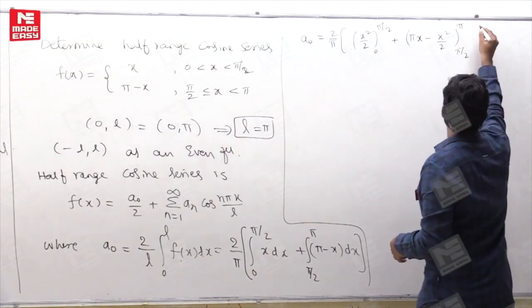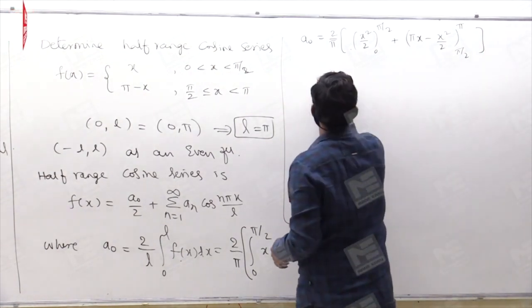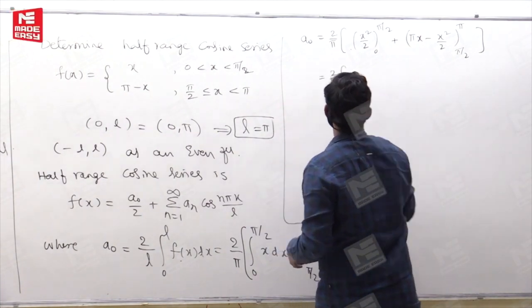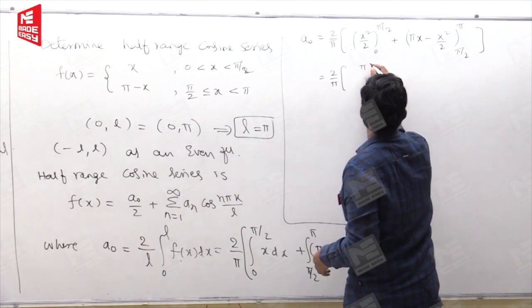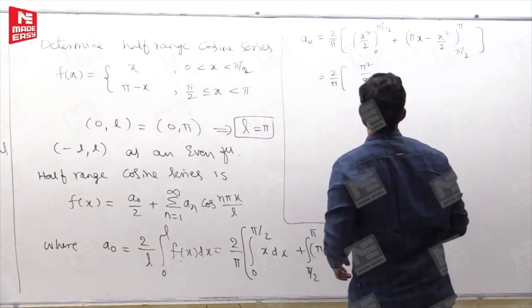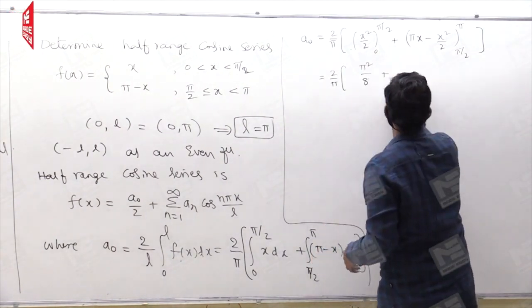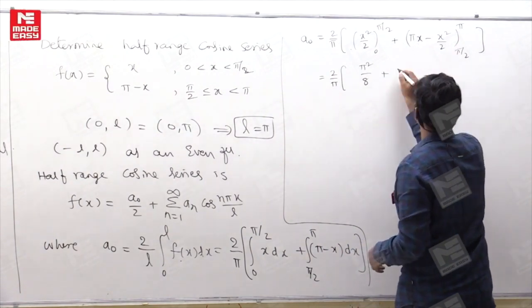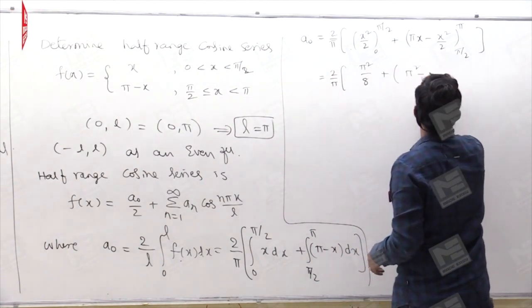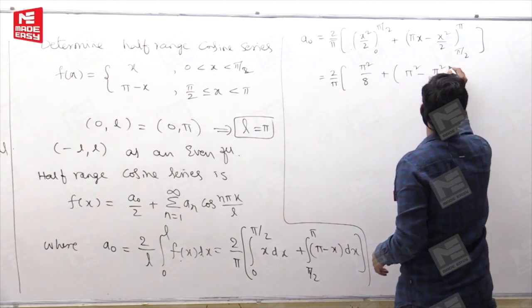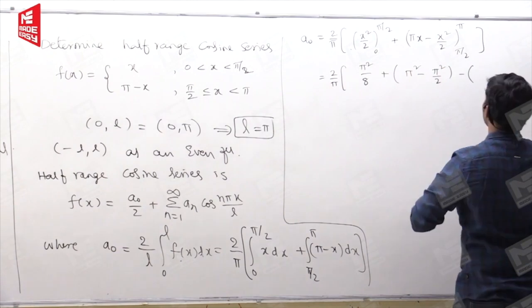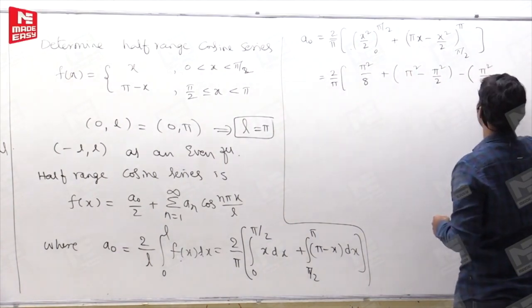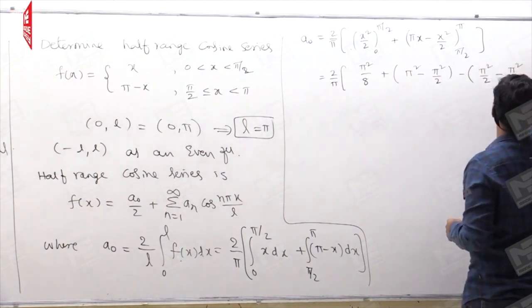The first part gives pi square by 8, and the second part is pi square by 2 minus pi square by 8.